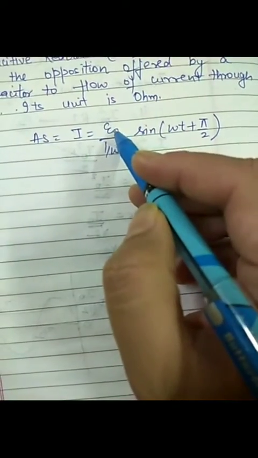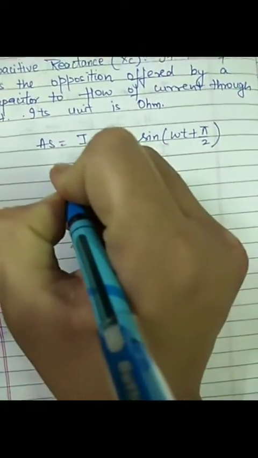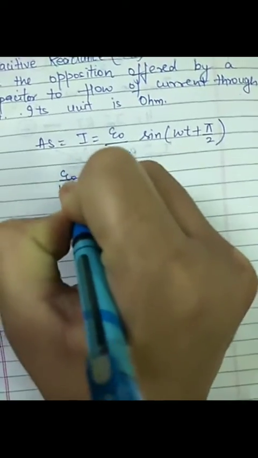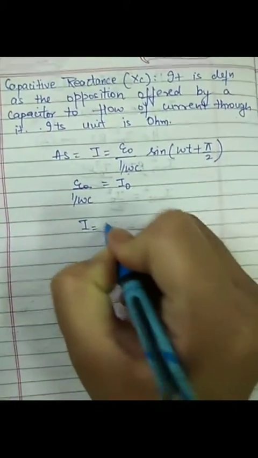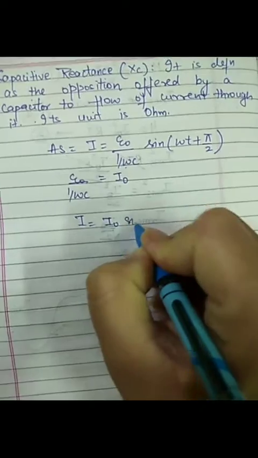As I equals epsilon naught upon 1 by omega C, sin of omega t plus pi by 2. This value, epsilon naught upon 1 by omega C, is called the peak value of current. So this equation will become I equals I naught sin of omega t plus pi by 2.